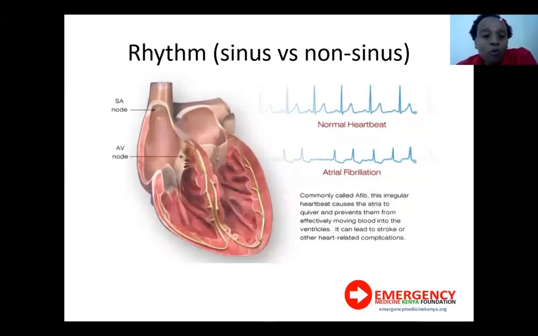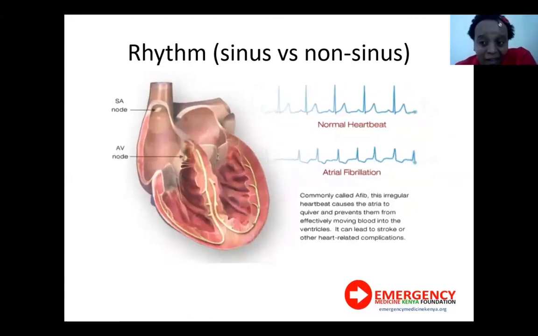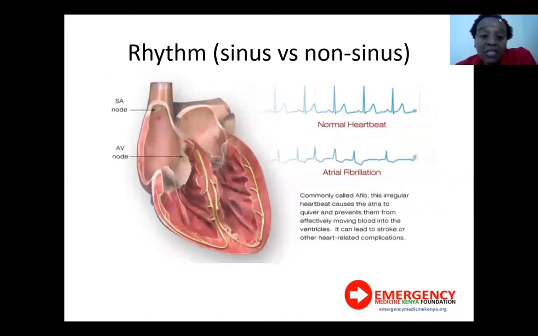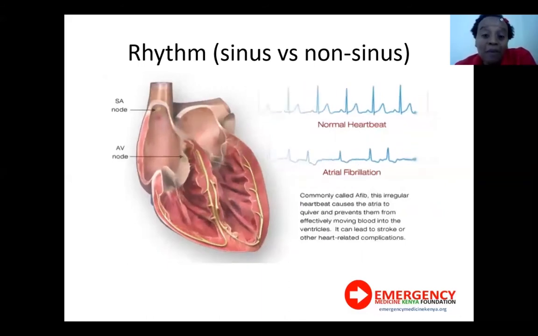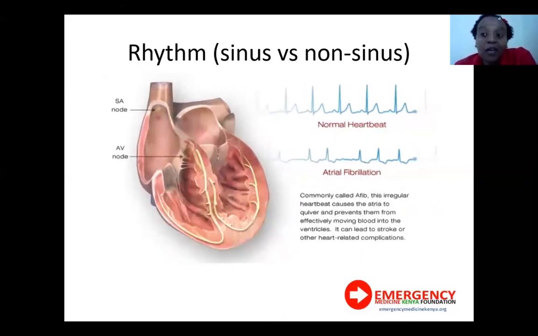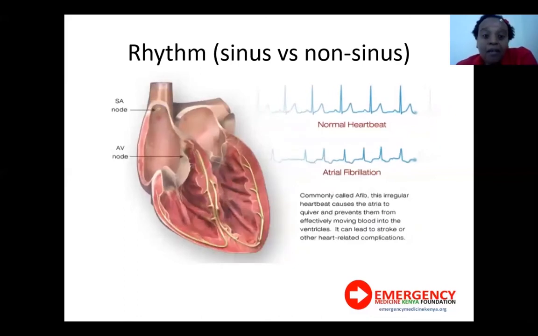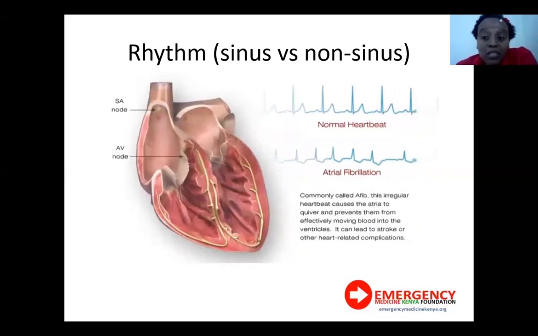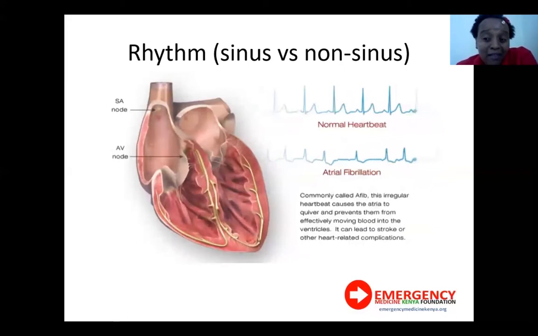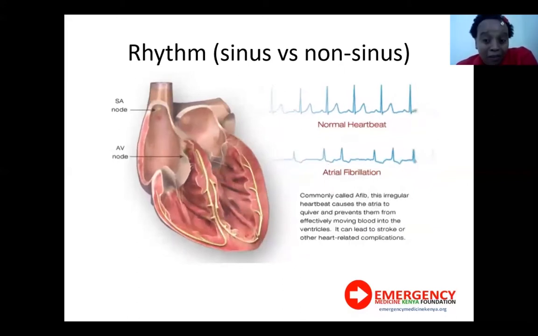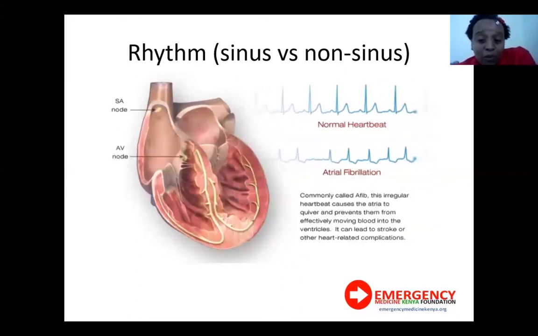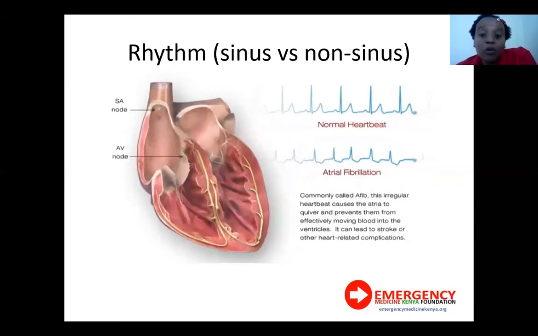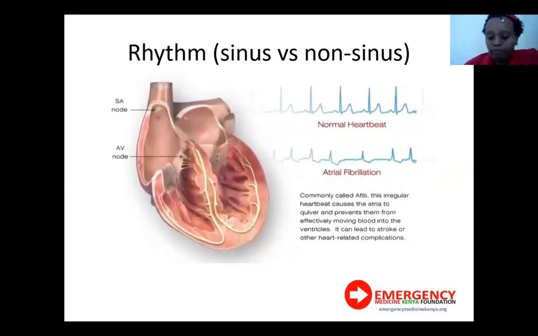So there's stasis of some blood, and that is very dangerous, because we end up having clots. And the clots are dangerous, so patients who have atrial fibrillation are at risk of things like stroke and myocardial infarctions because of the micro clots that are formed because of this condition.